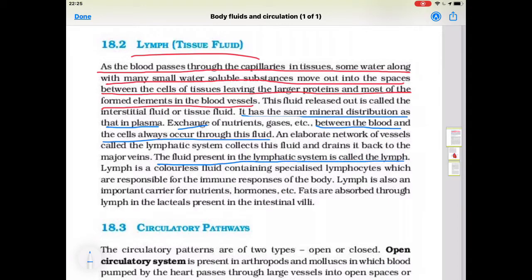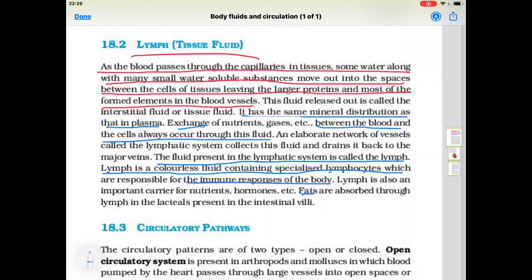Lymph is a colorless fluid containing specialized lymphocytes, WBCs, which are responsible for the immune responses of the body. In the lymphatic system, WBCs are present which help in the immune response of our body. Lymph is also an important carrier of nutrients, hormones, etc.